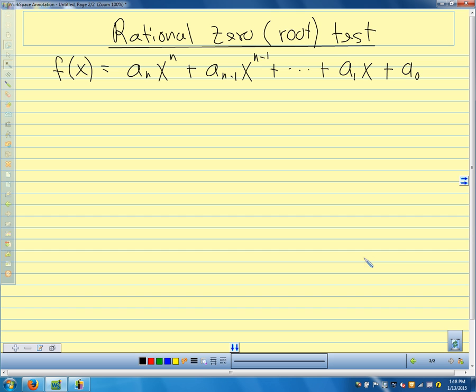And for this we're saying that a sub 0 is not 0. So we have a number out here that's sitting by itself. What we're going to do is call a sub 0 p and a sub n q.